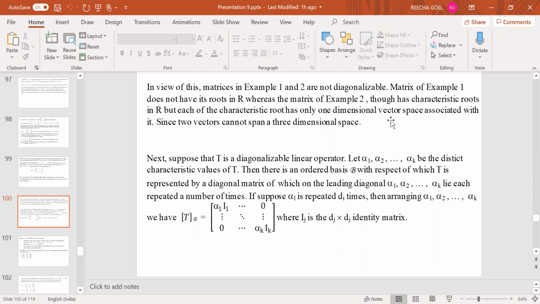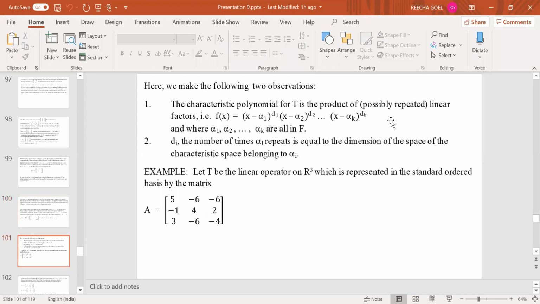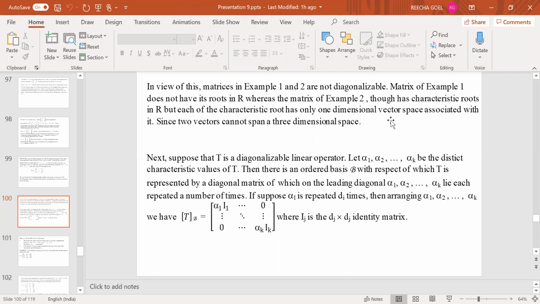Okay. Now let us consider another part. Suppose that T is a diagonalizable linear operator, and let alpha 1, alpha 2, alpha k be distinct characteristic values of T. Now remember, in this case we are not assuming that if it is an n-dimensional vector space, then the number of distinct characteristic values should be n itself.